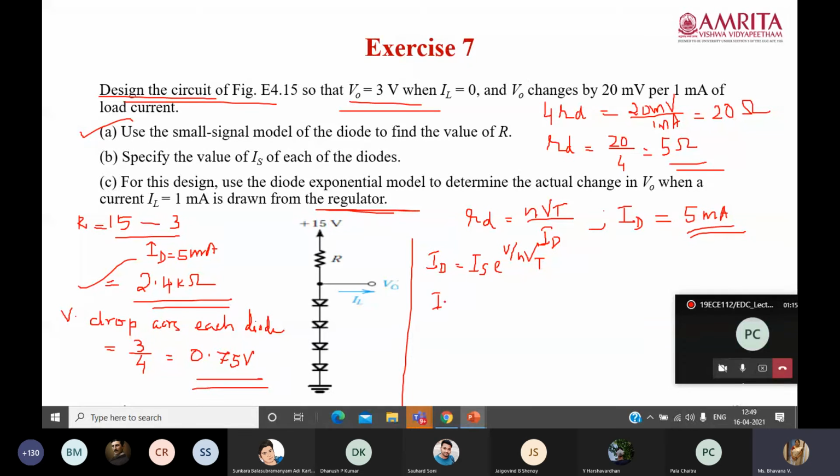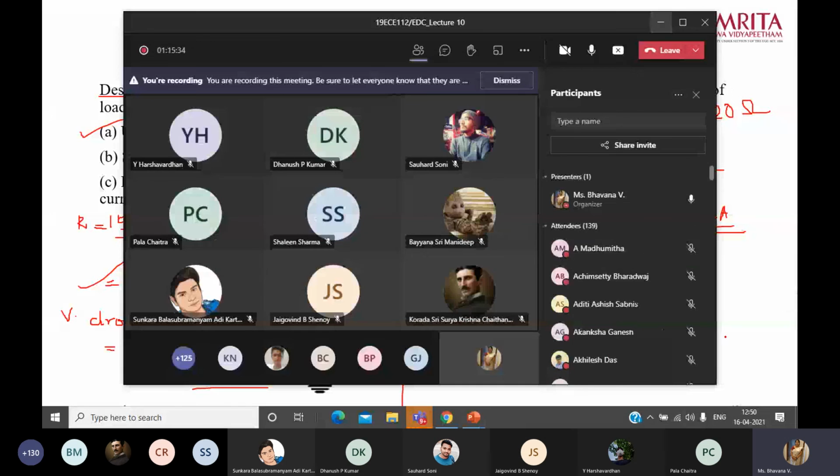So from this, find IS. Calculate and tell me the answer.